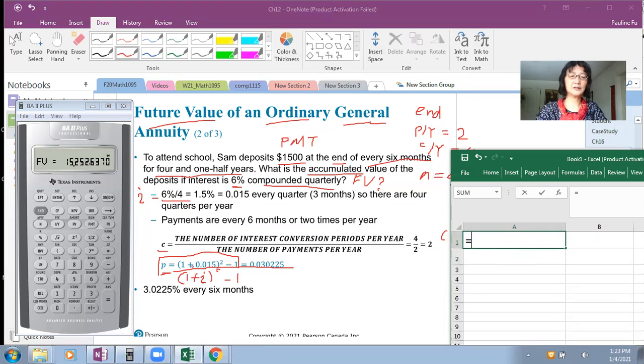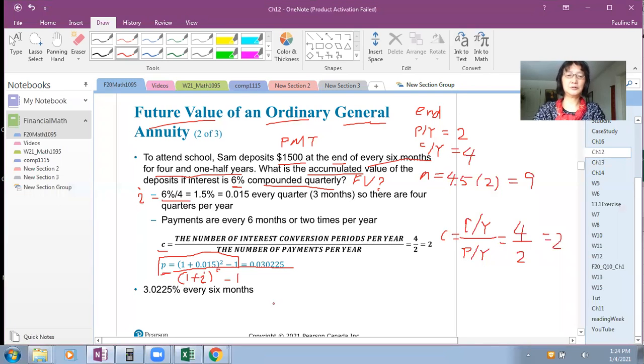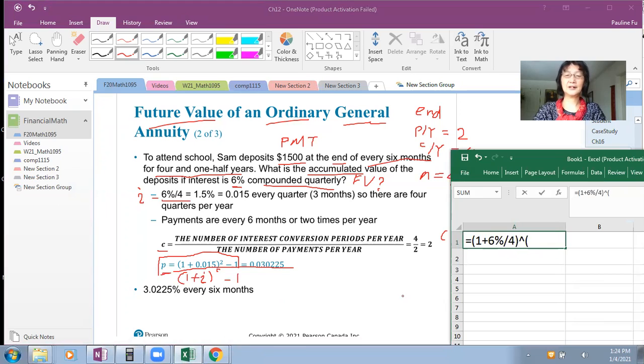P equals 1 plus I, where I is 6% compounded quarterly, divided by 4, raised to power C. C equals CY, which is 4, over PY, which is 2, and then minus 1.